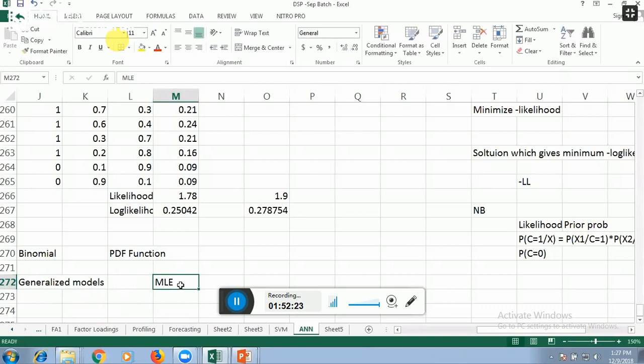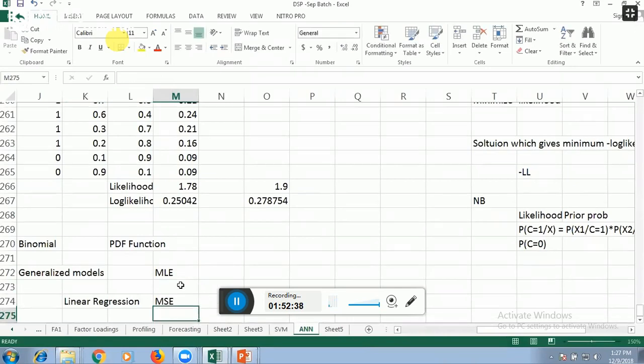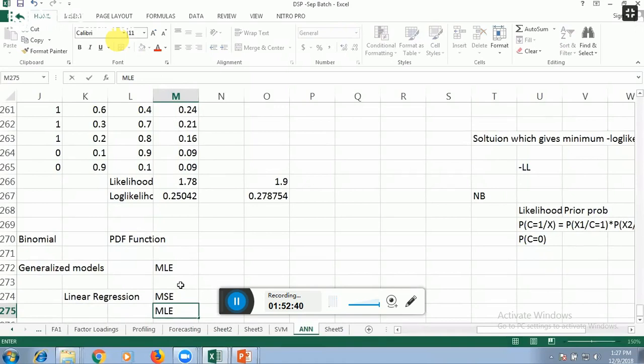So you can say that linear regression is one special case of generalized linear models. For linear regression, you can use MSE, minimizing the sum of squares of error, or maximizing likelihood. You can use either method. But for logistic regression or any other models, you cannot use the sum of squares of error.